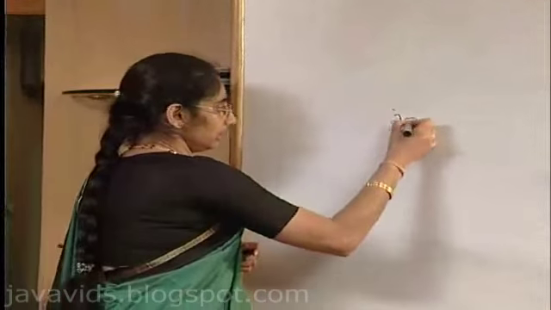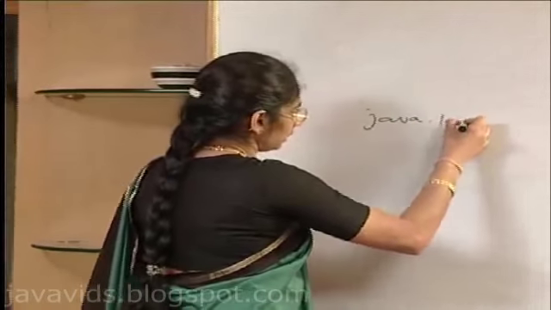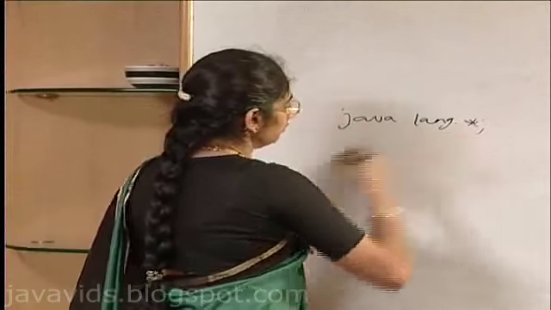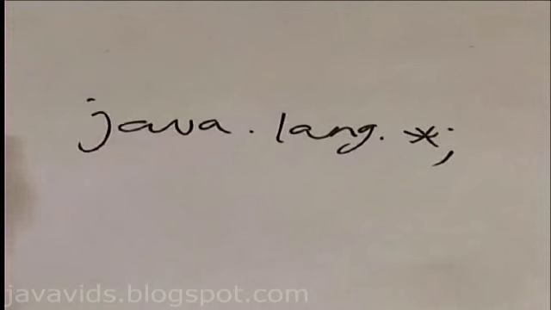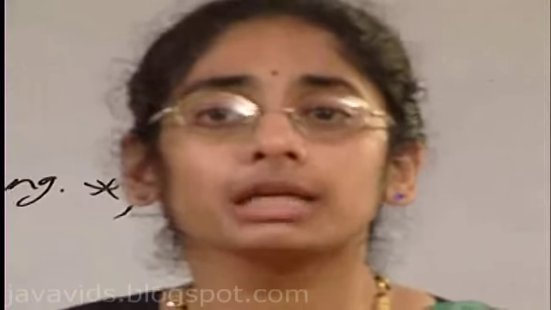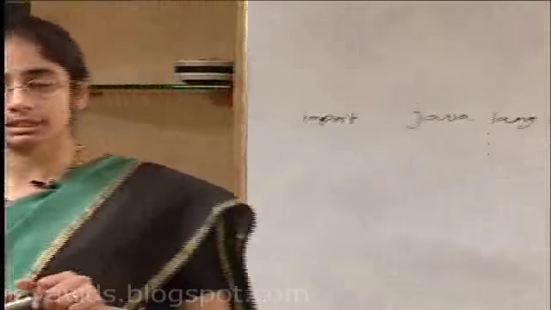The System class and the String class are both defined in a package called java.lang. java.lang.* is an implicit import to all Java files. That's why we did not explicitly write the import statement.